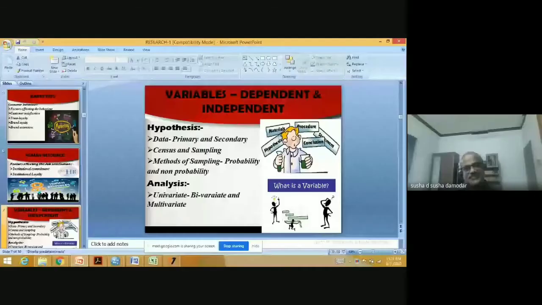If you have a concrete relationship between dependent and independent variable in a hypothesis, that can be proved, that can be validated with some of the statistical tests available. So, at the time of framing the hypothesis, definitely consider the concrete relationship between dependent variable and independent variable.